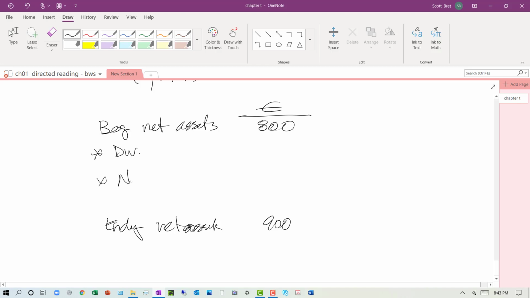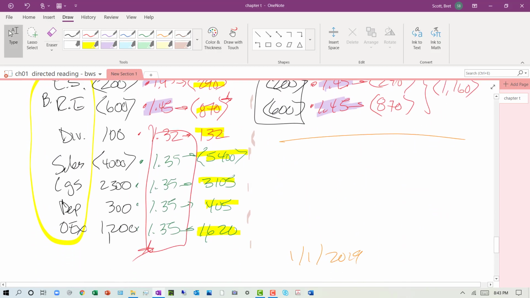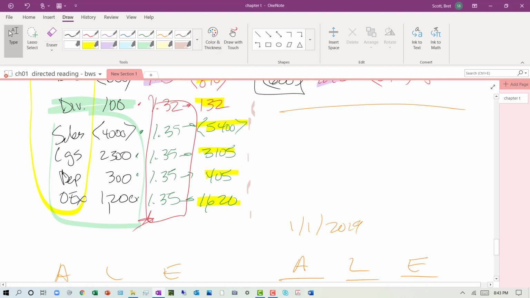They've also changed because of net income. So if I don't have a whole lot of time to do this problem, I figured out net assets. Dividends were 100. Net income, when I net those guys together, $200.